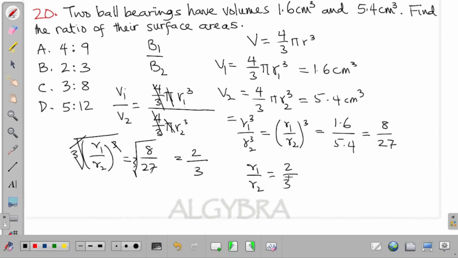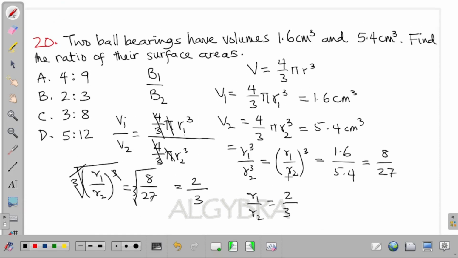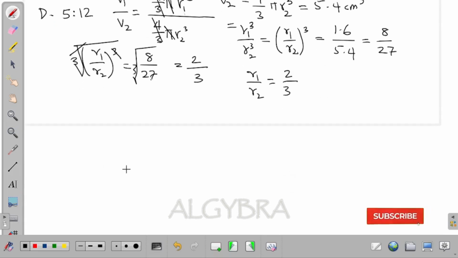Now we're asked to find the ratio of their surface areas. The formula for surface area S is 4πr² for any spherical ball.